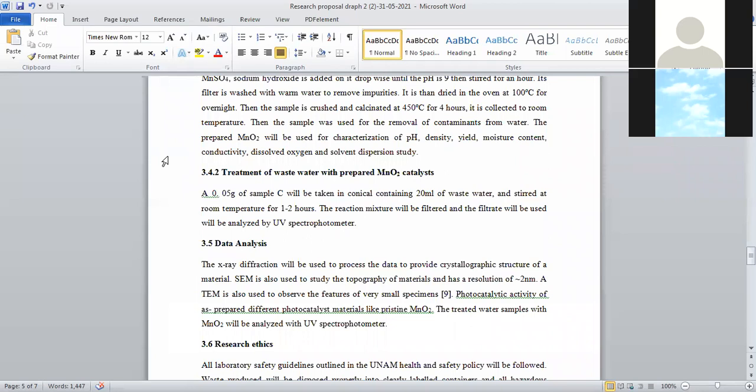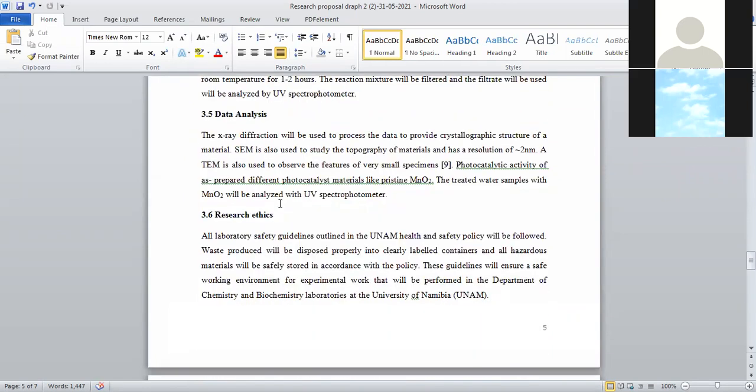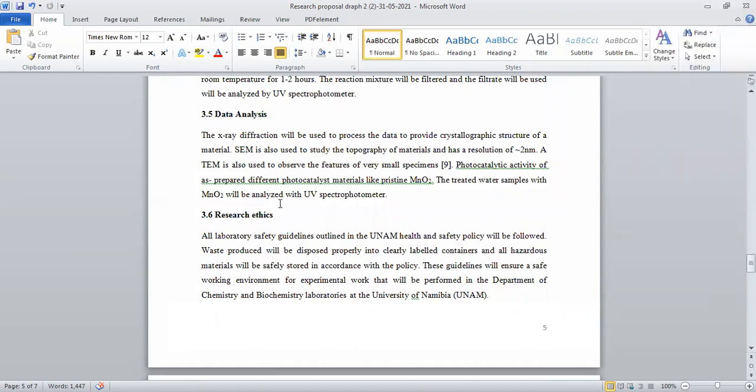Okay, then this is very important. Research ethics, this plays a very important role, as we have gone through in the first lecture or second lecture, where we talked about research ethics. That is the safety guidelines of the laboratory.